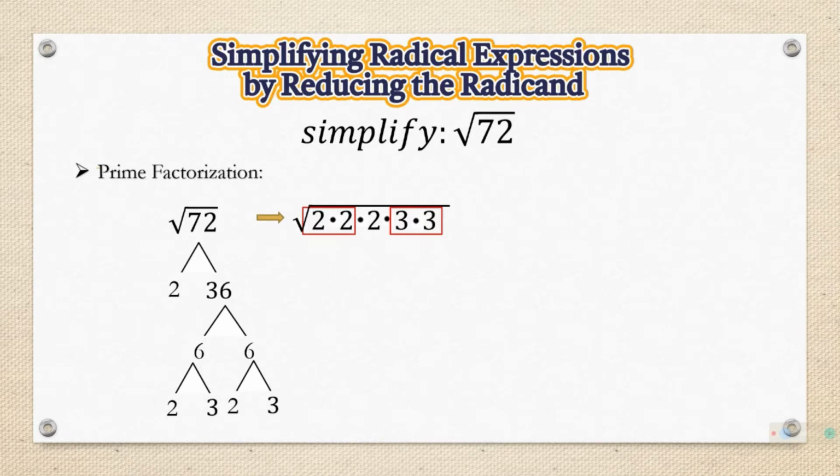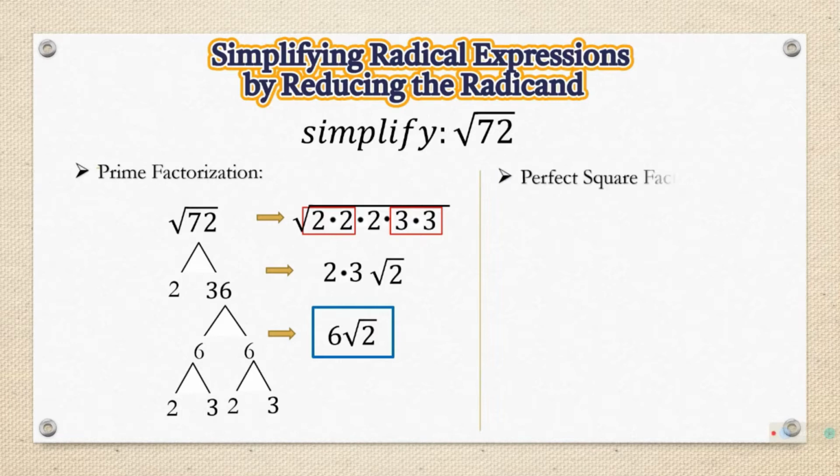And taking that out of the radical sign, we will have 2 times 2 is just 2, and 3 and 3 is 3, then square root of 2. Then simplifying 2 times 3, that will give us 6 square root of 2. This time, let's use perfect square factorization.